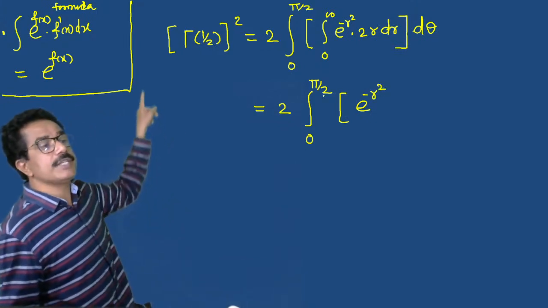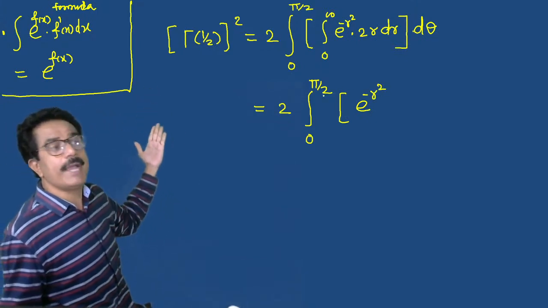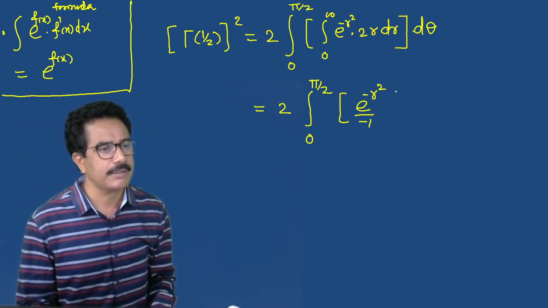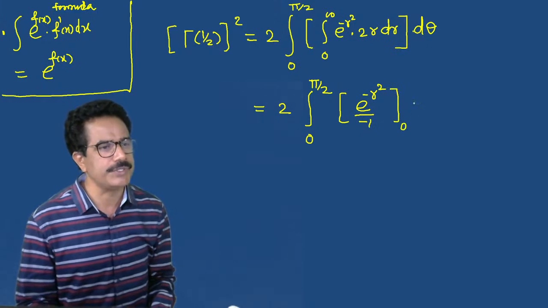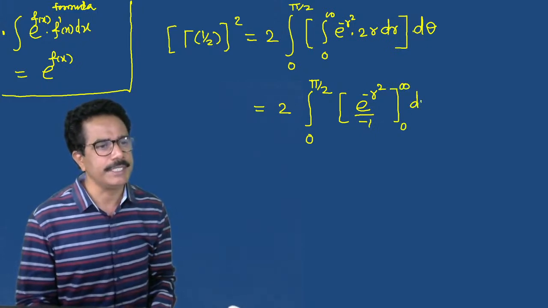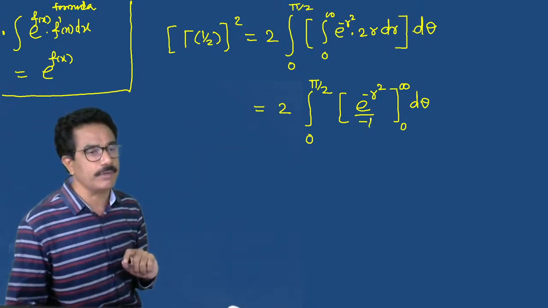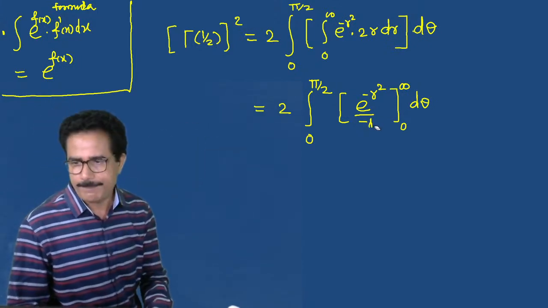See this, e raised to f of x divided by the coefficient of f of x, that is minus 1, over the limit 0 to infinity, d theta. Here there is minus 1, so we divide by minus 1. Remember, we have to take this divide by minus 1.